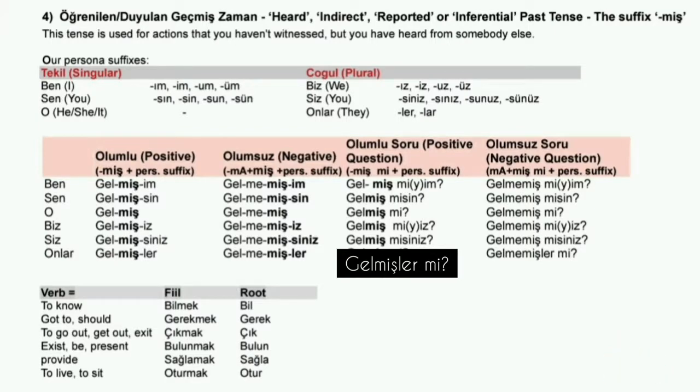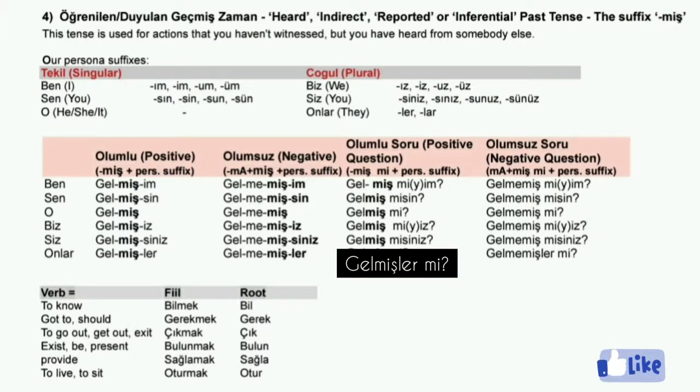Or to be present, exist, bulunmak, bulun. Or to provide, sağlamak, sağla. Yumuşak G might sound a little bit difficult to pronounce for you. Sağlamak.